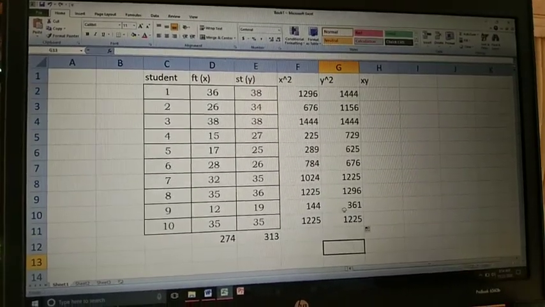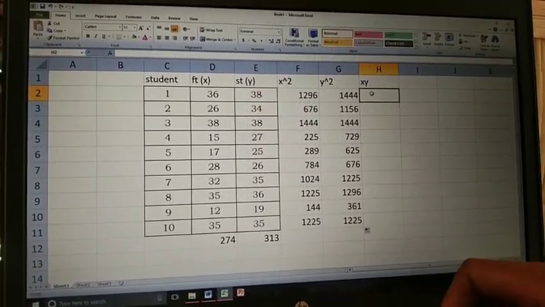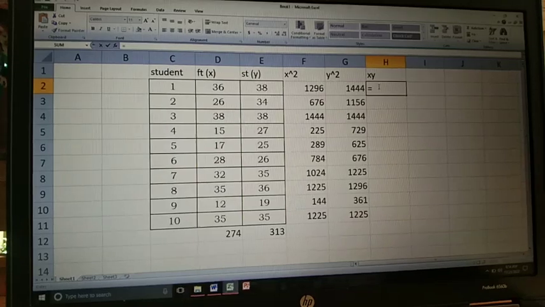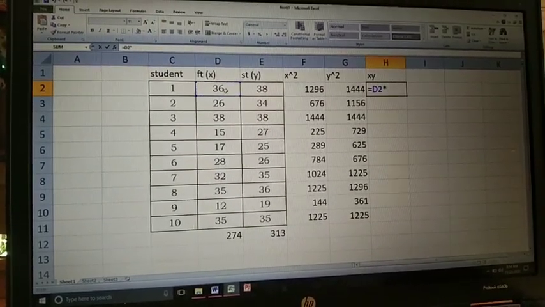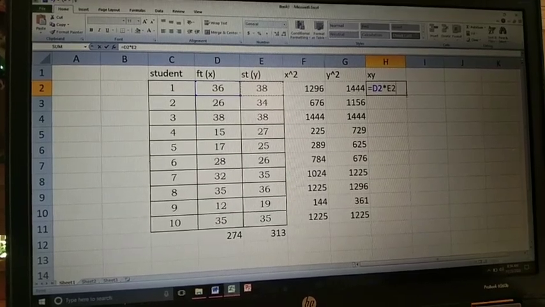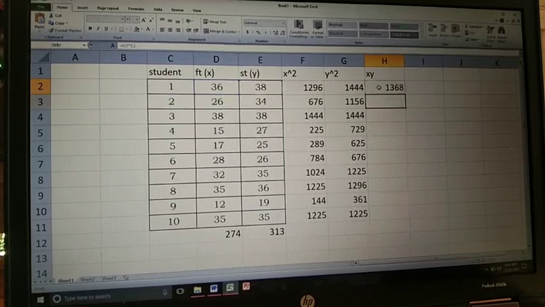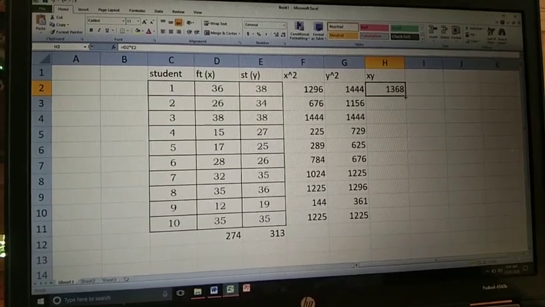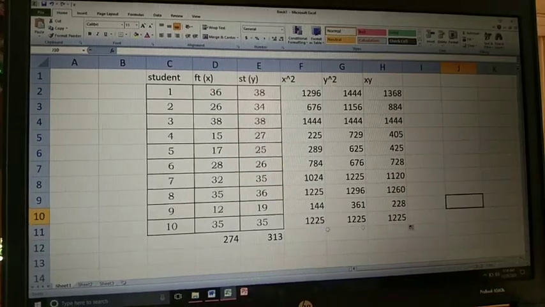Then xy, to determine the product of xy, we have here multiplied by 38. Enter. So this is the product of our xy. And 9.